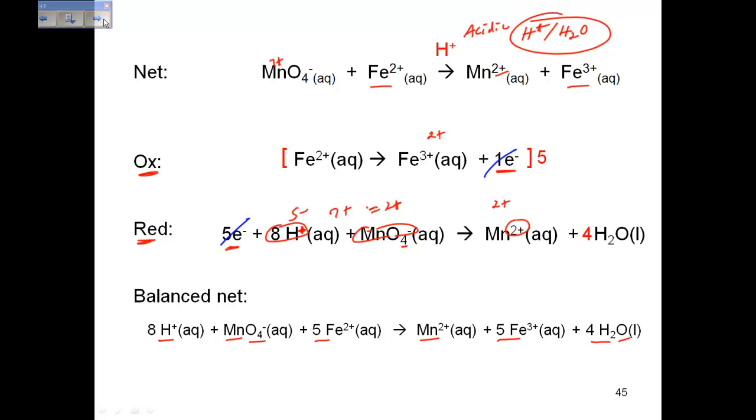I see I have 8 pluses and a minus, that's 7 pluses. And then I have 5 2s, that's 10 plus, that gives me 17 plus. On the other side, I have a 2 plus, 5 3s, which is 15, and 2, that's 17, and 0 on the water. All of my atoms are balanced, as well as my charges.